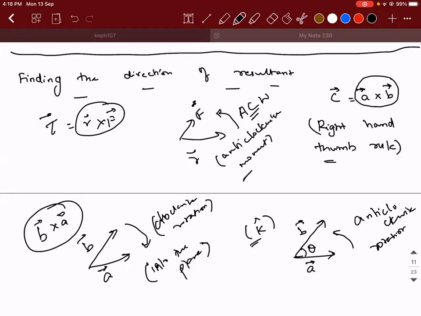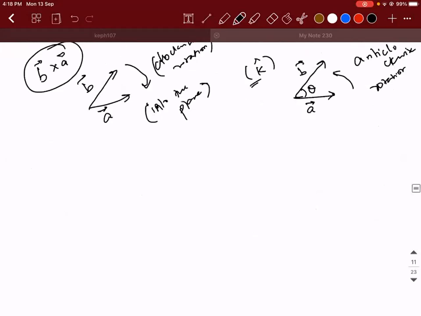We wrote r sine theta, where theta is the angle between the r vector and f vector. So let's do a problem to understand how it works. I hope you made a note of this: anti-clockwise moments are positive, clockwise moments are negative.